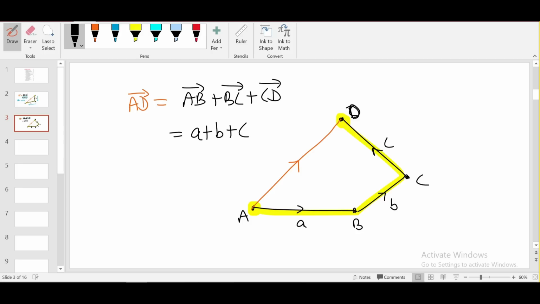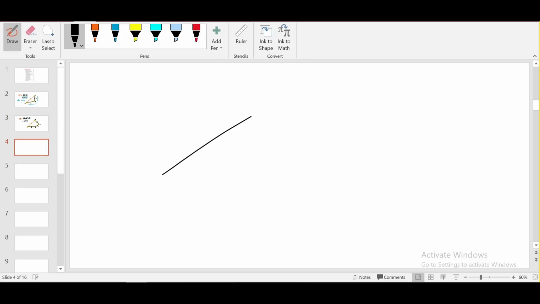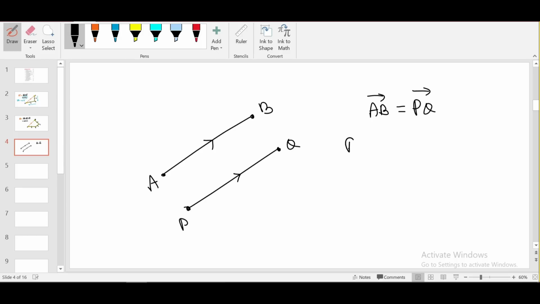Have you copied this? Okay. Now let's say two vectors. This is AB, and I take one more vector, PQ. If vector AB is equal to vector PQ, that means these two vectors are equal in length.